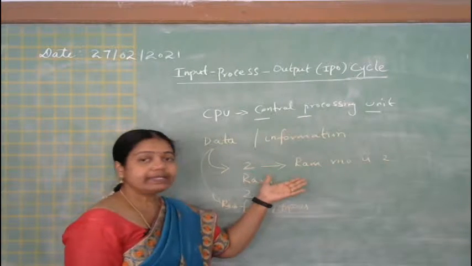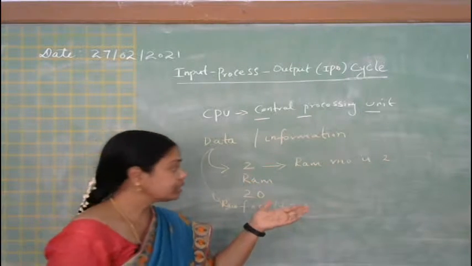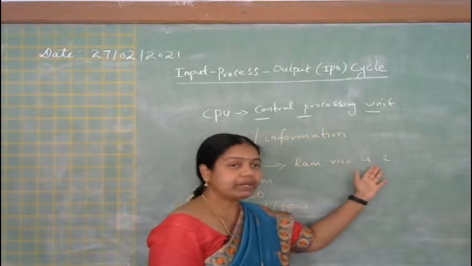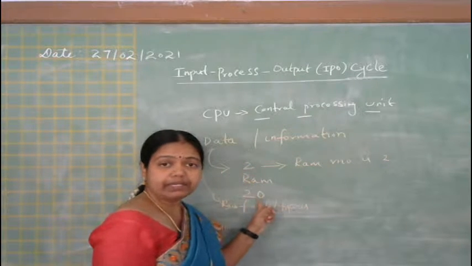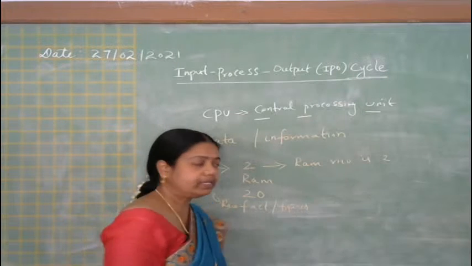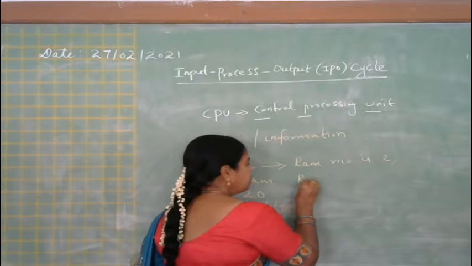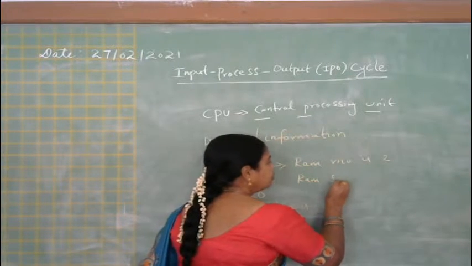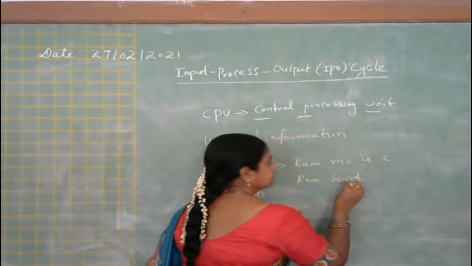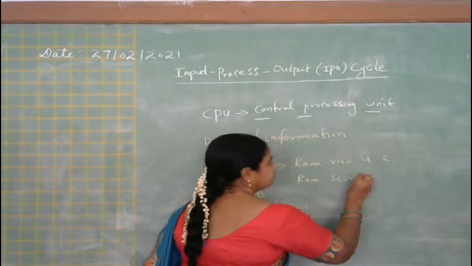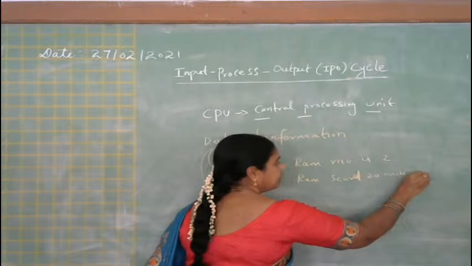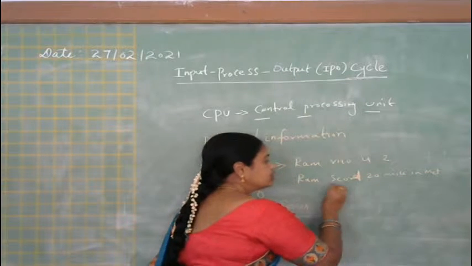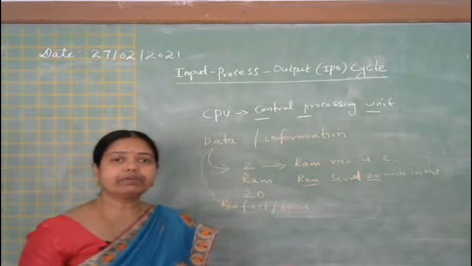So now it is giving the meaning, that is, Ram's roll number is 2, or Ram's English mark is 20, otherwise Ram scored 20 marks in mathematics. Here it is giving some information.